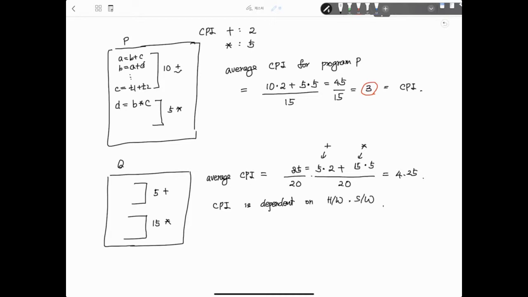So we cannot say this processor's CPI is like this, like an Intel 2 gigahertz machine has CPI of 2. We cannot say that. If we are given a specific program, then we can say for this program on this machine, the CPI is like this.